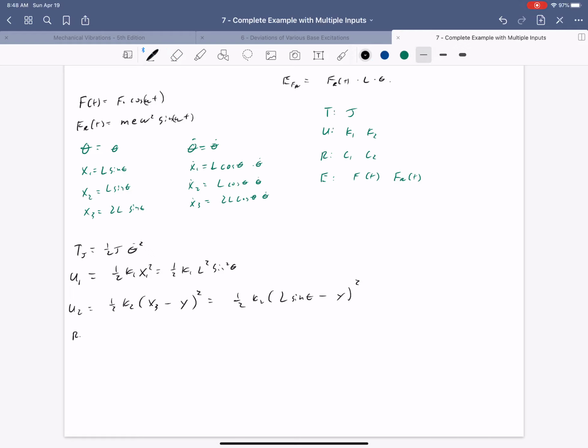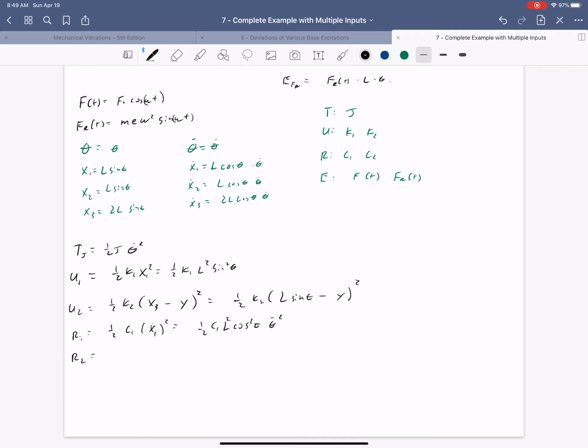R1 is equal to 1/2 C1 times x1 dot squared, which is equal to 1/2 C1 L squared cosine squared theta, theta dot squared.